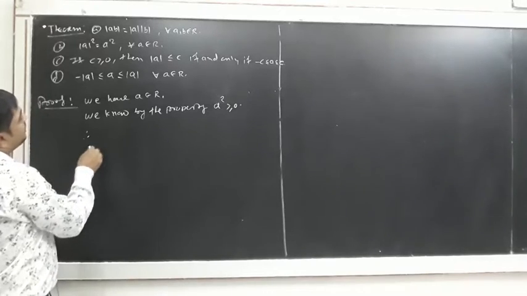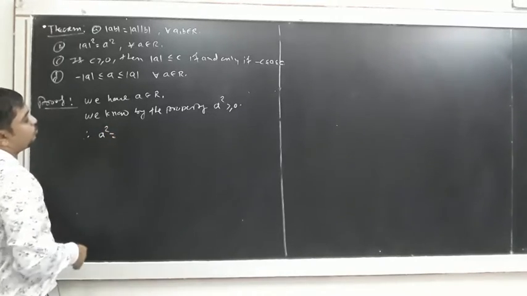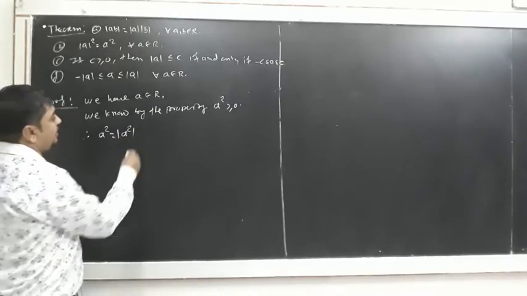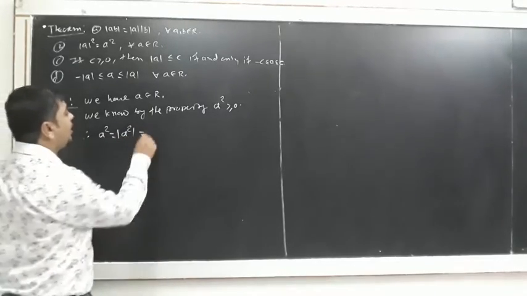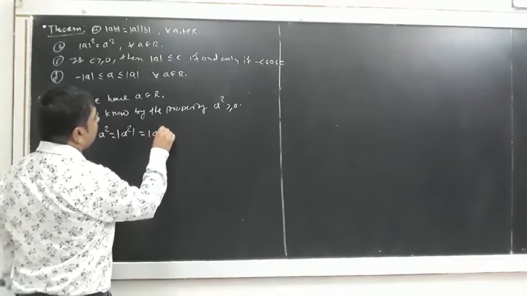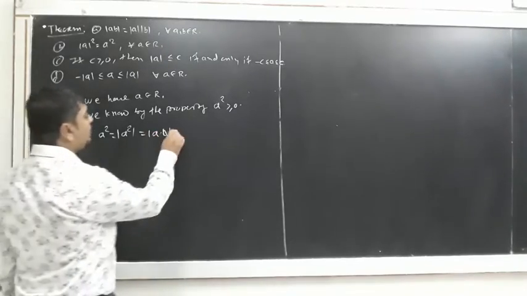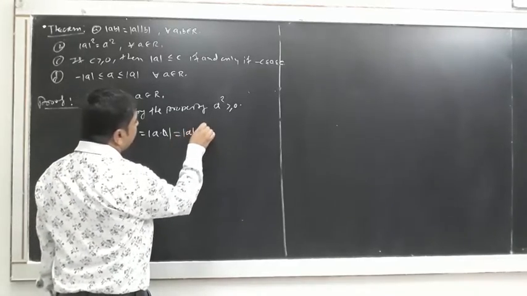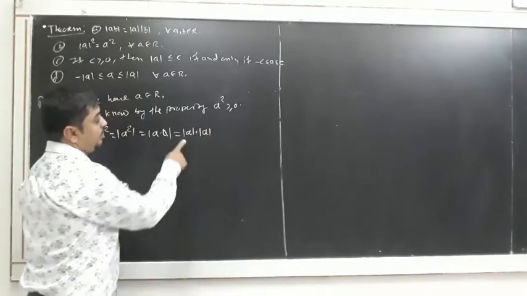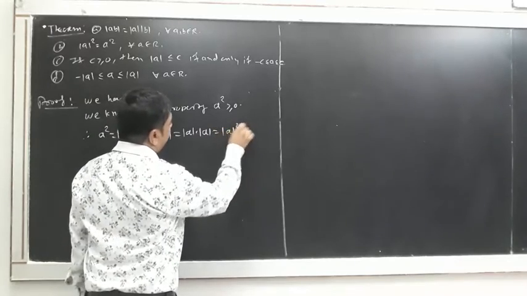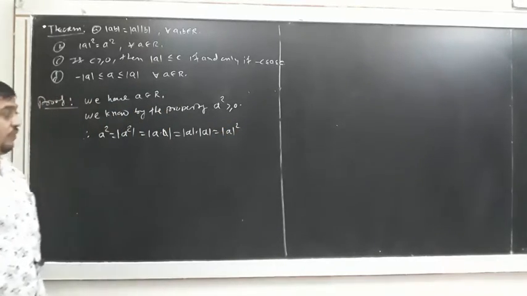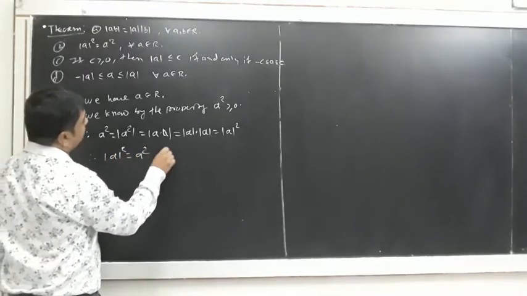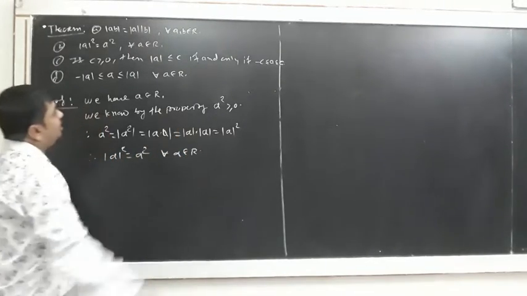Then what are we getting? A square is equal to mod of A square, which we can write as mod of A into mod of A. By using the above property, we get mod A into mod A, and mod A into mod A is nothing but mod A square. Okay, so mod of A square is equal to A square for all A belongs to the R.